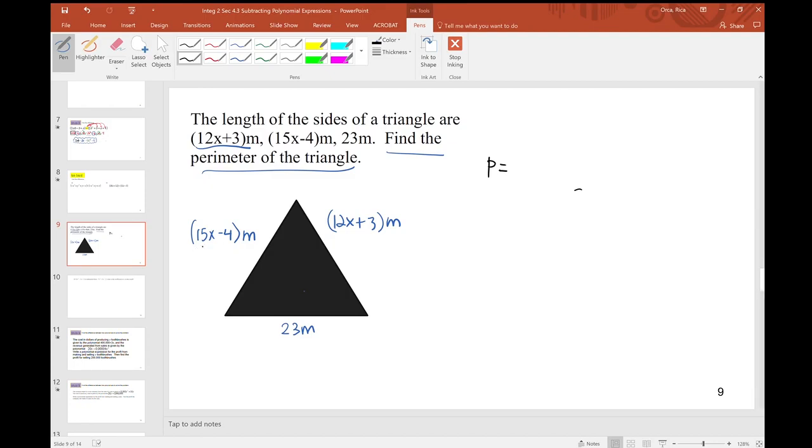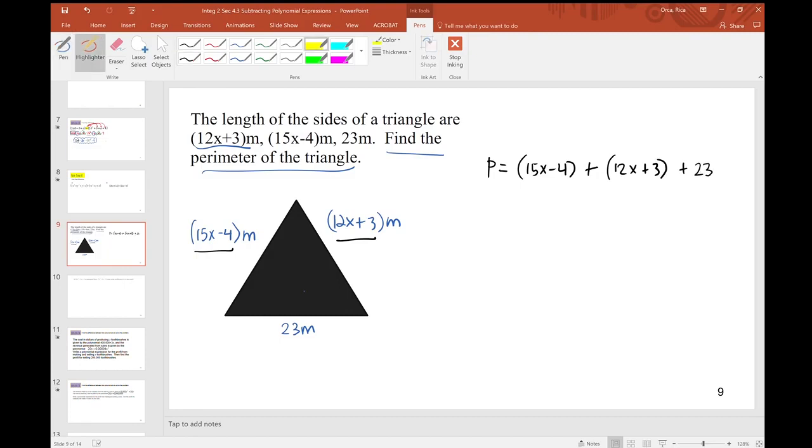Let's start with the 15x minus 4. And I don't have to write m until the very end because once again, m represents the distance around the triangle. So 15x minus 4 plus, and I'm going clockwise here, 12x plus 3 plus 23.